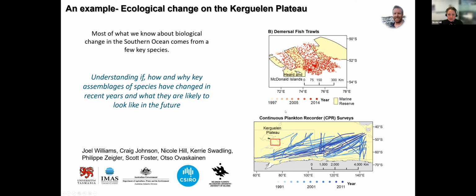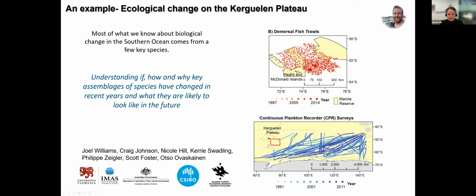Another good long-term data set that we have is the continuous plankton recorder, which collects zooplankton data across the Southern Ocean, but it has a high density across the East Antarctic section.